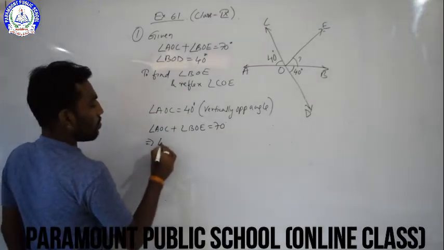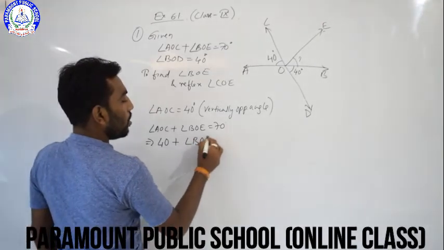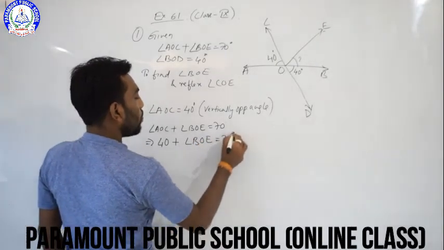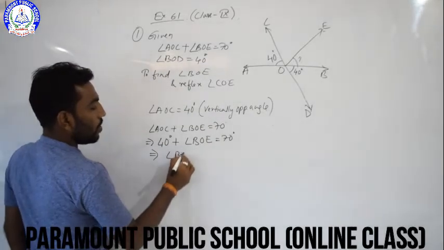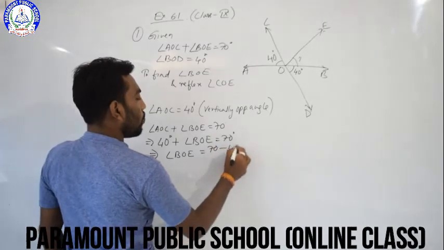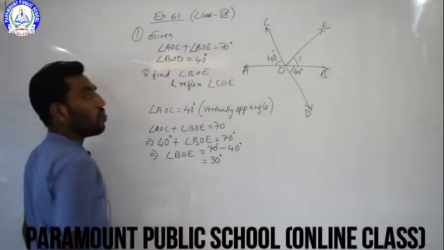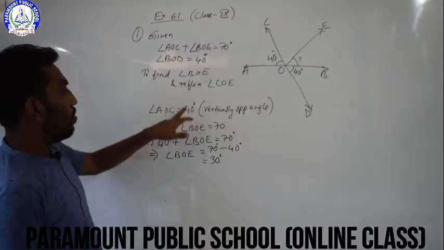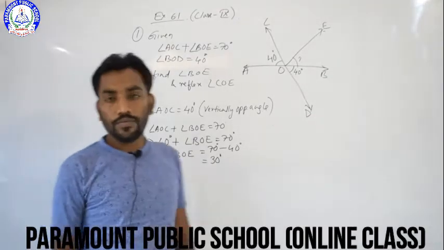So let us put here 40 degree plus angle BOE is equal to 70 degree. So angle BOE is equal to 70 minus 40 degree, which is 30 degree. So we came to know that our angle BOE is nothing but 30 degree.